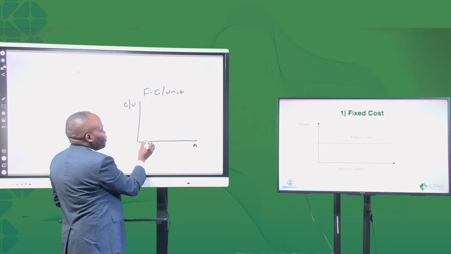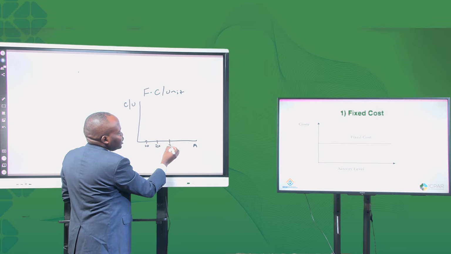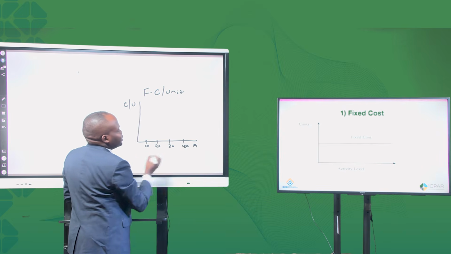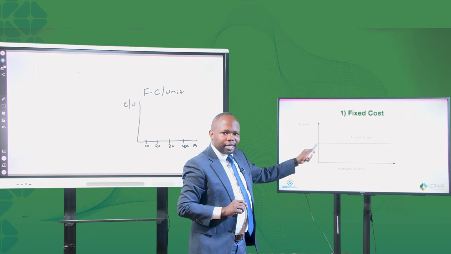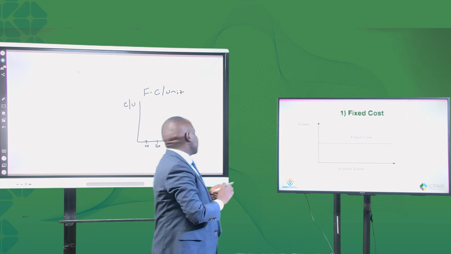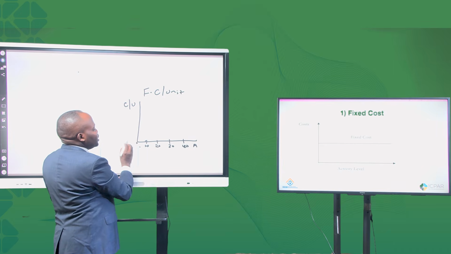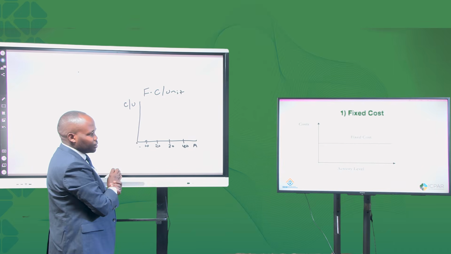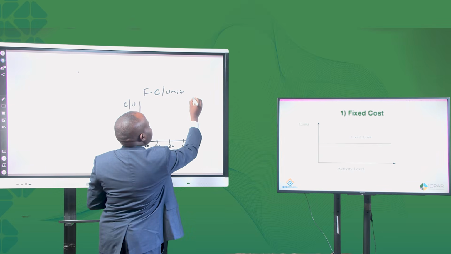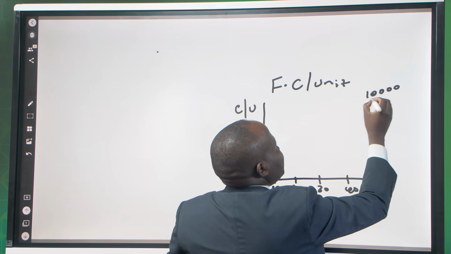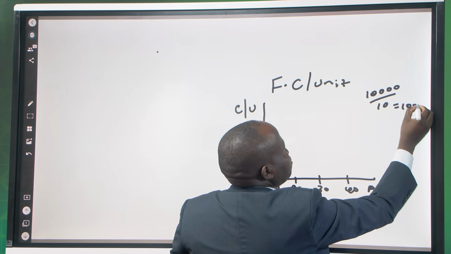If our activities are 10, 20, 30, or even 40, and our fixed cost was maybe 10,000 Rwandese francs, when you produce 0 units, the fixed cost remains as 10,000. But as we produce 10 units, it will change to 10,000 divided by 10. The fixed cost per unit will be 1,000.